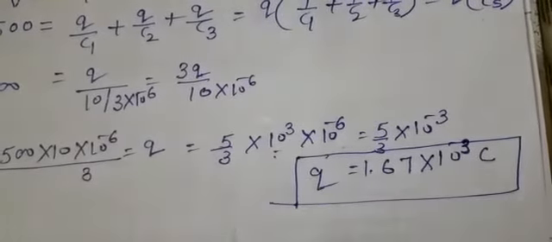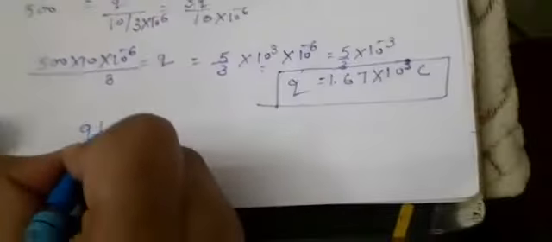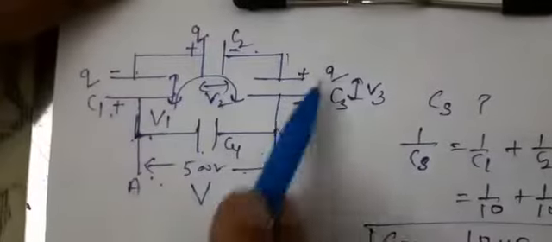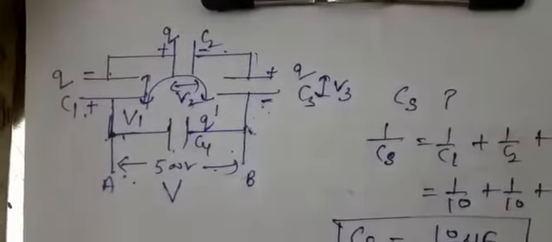Now the charge on capacitor C4. Again, let the charge on this capacitor be different. So this has Q, so it will not be Q, it will be Q dash, or you can denote it by any other symbol.